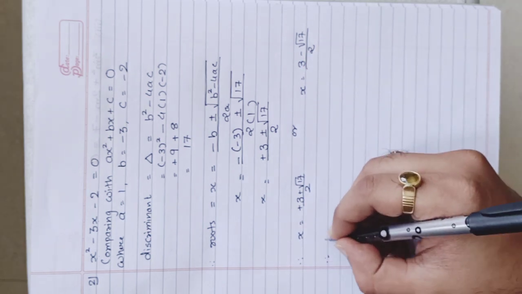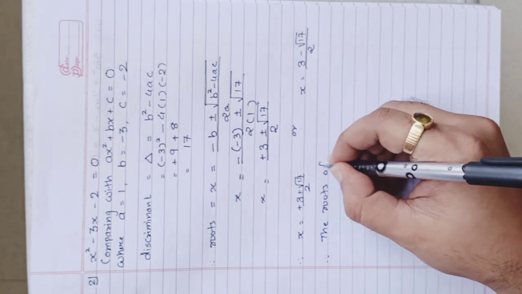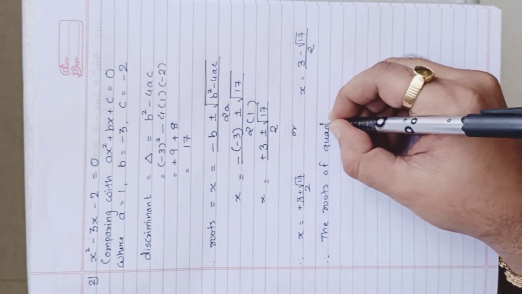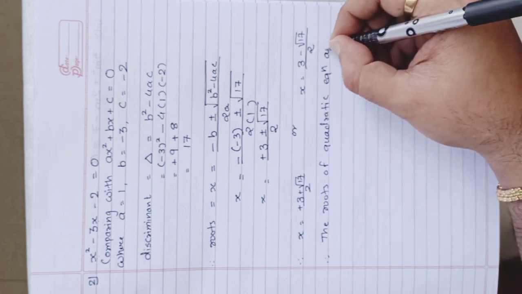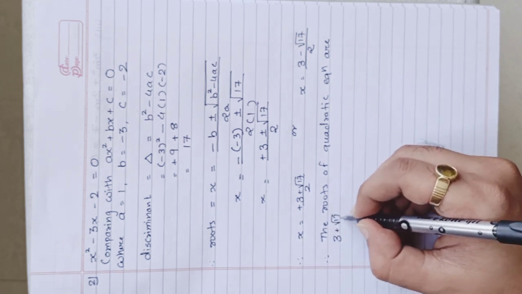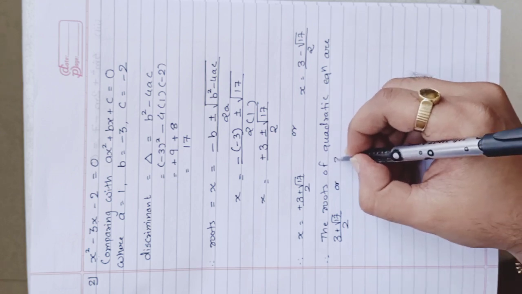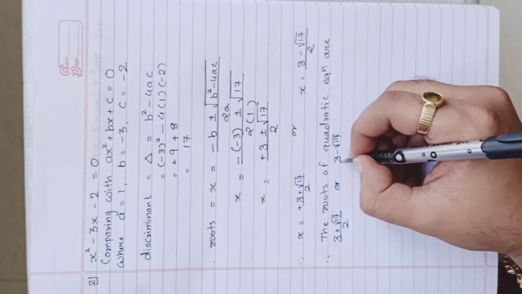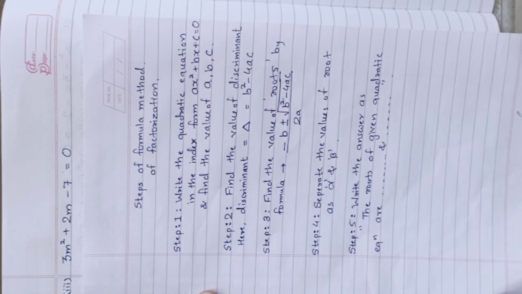Therefore, final answer, the roots of the quadratic equation are 3 plus root 17 by 2 or 3 minus root 17 by 2. And this is the answer. Isn't it easy?